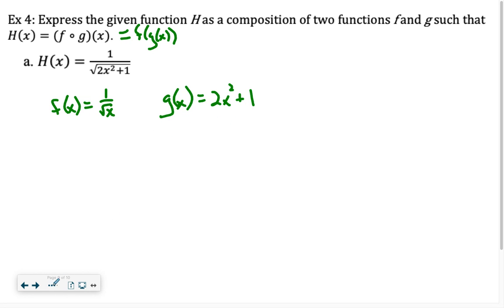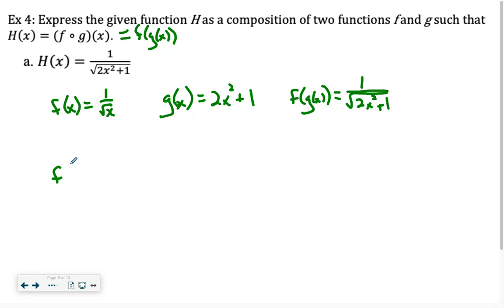Right? So if we think about then composing these two functions, f of g of x, so if I take this and plug it in for x here, I would get exactly what I want. I would get 1 over the square root of 2x squared plus 1. All right, let me give you an example of another correct answer for a problem like this.